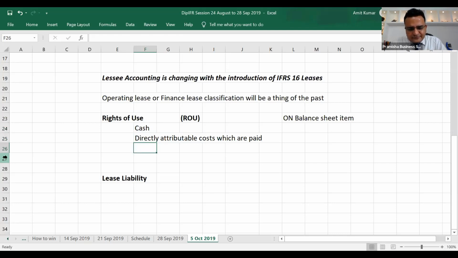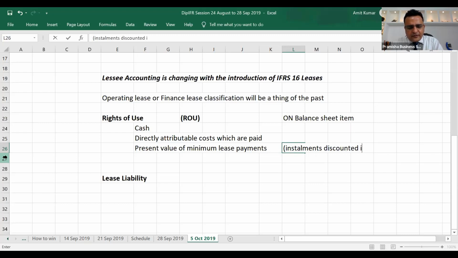And then there is present value of minimum lease payments, whatever you decide to pay over a period of time. These are the installments discounted in today's value.